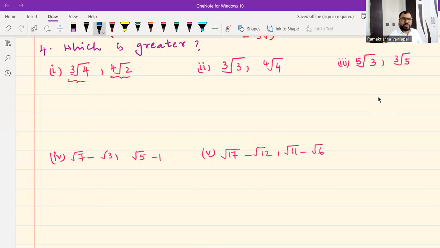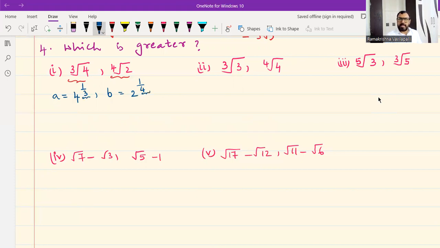Well, the first number is 4 to the power of 1 by 3. Let us say this is A. B equals 2 to the power of 1 by 4. Now, what is the LCM of these powers?